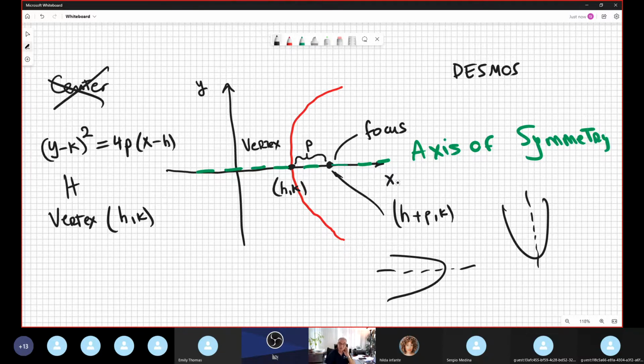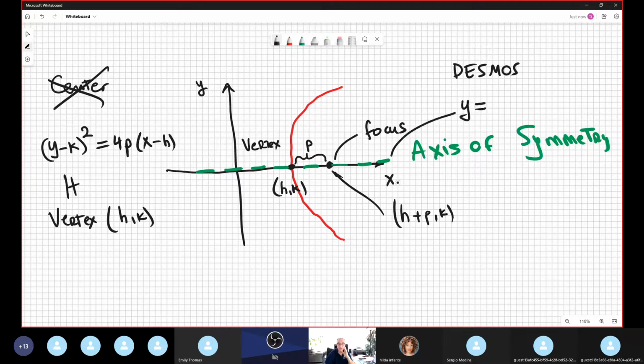And the axis of symmetry is always a horizontal line or a vertical line. In this case, a horizontal line. And the equation for any horizontal line is y equals something. In this case, y equals 0. But in general, no. In general, it is y = k, because the origin is not here. But it's okay. y = k.